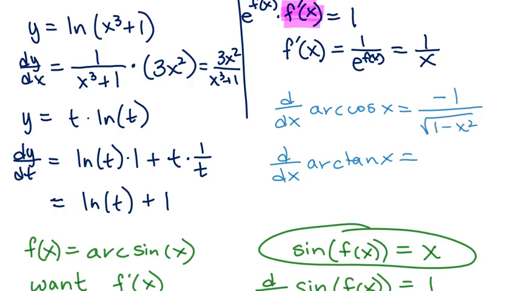So arcsine and arc cosine give you the exact same expression. It's just that once again the co gives you a negative. And then arctan actually works out, I think, a little bit nicer even. It doesn't have a square root at all, and it ends up being 1 over 1 plus x squared. So it doesn't have a square root, it also becomes a plus in the middle there.